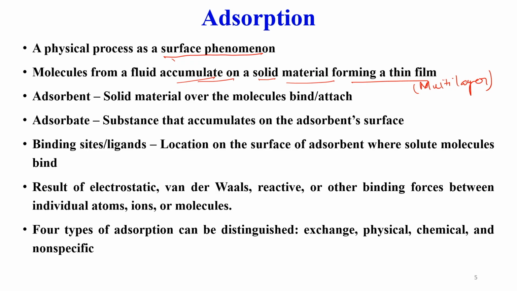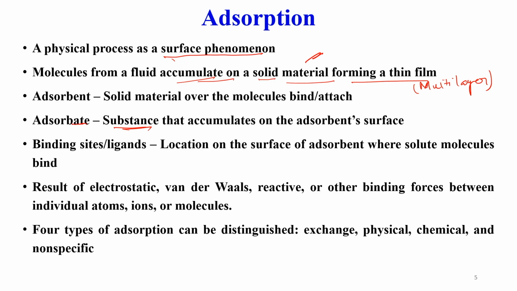Now, what is an adsorbent? The solid material is called the adsorbent, where molecules, or adsorbate, will be attached. The adsorbate is the substance or compound that gets adsorbed on the solid surface.